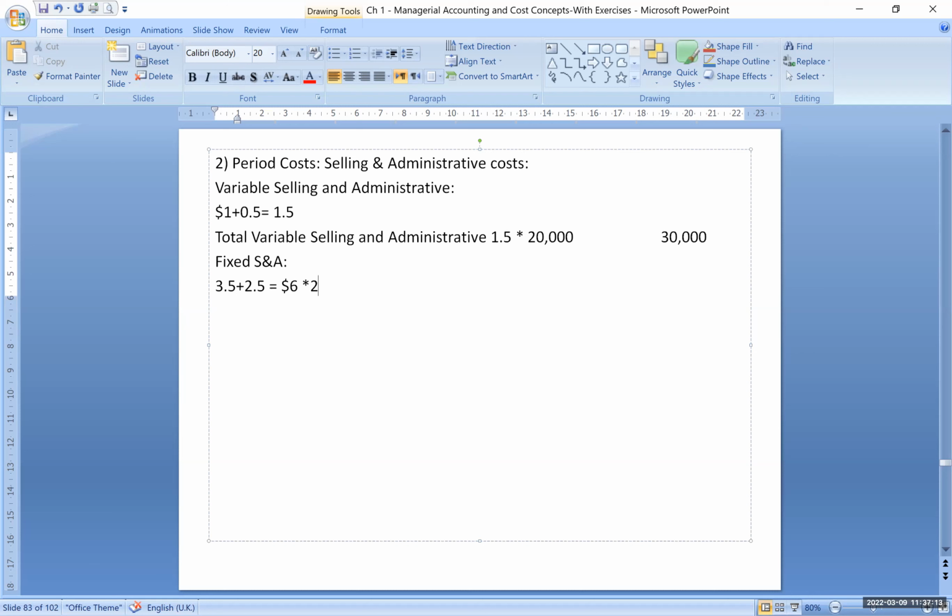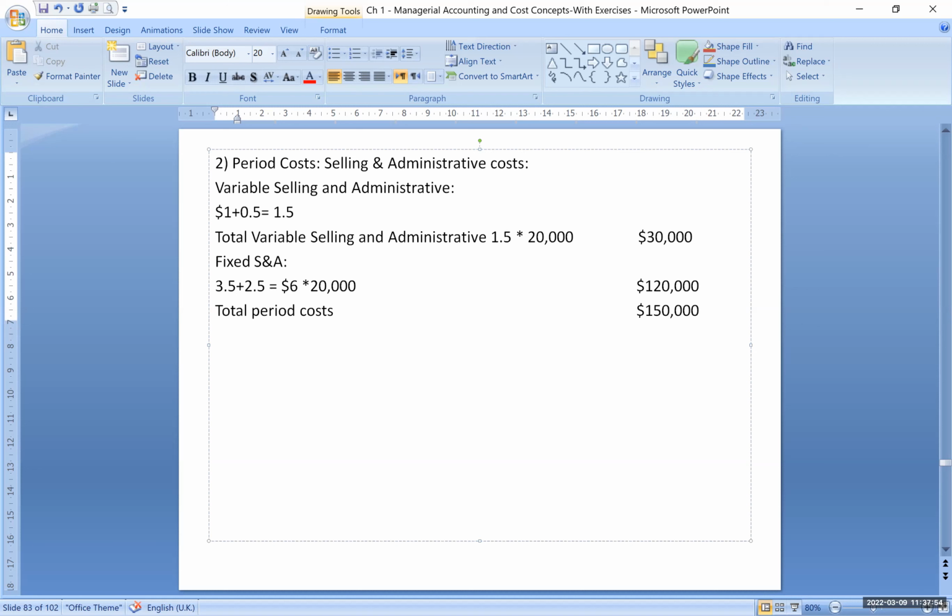This will be $120,000, which is 6 multiplied by 20,000. So the total period costs will be $150,000.